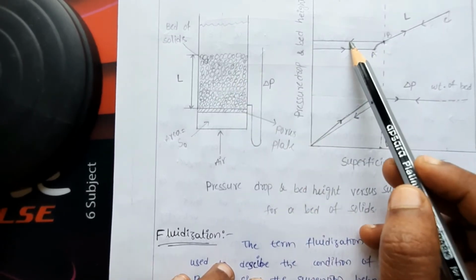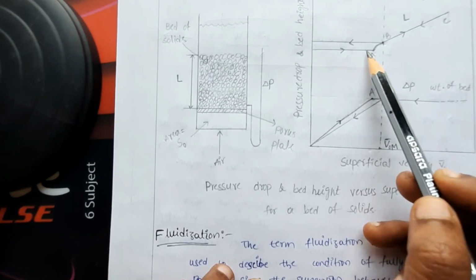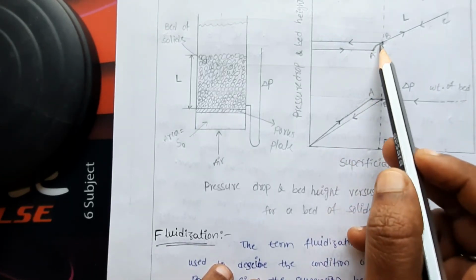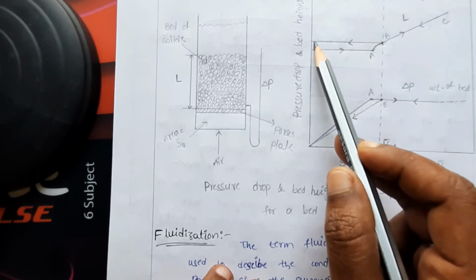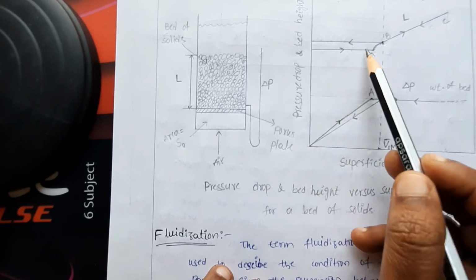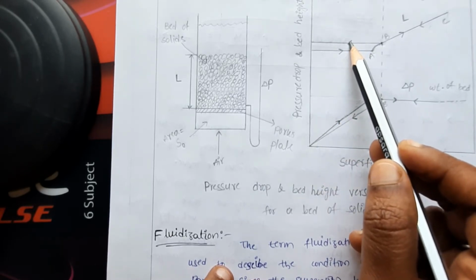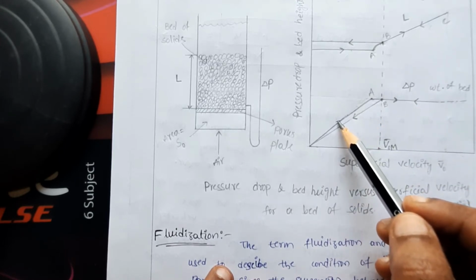That's why the bed height will be little bit more than the initial condition. Okay, that's why if you decrease the velocity up to this point, the bed height will not change, it is constant from this point to this point if you keep on decreasing the velocity also. So since it is little bit higher than the fixed bed condition, the pressure drop will be less than the initial fixed bed condition.